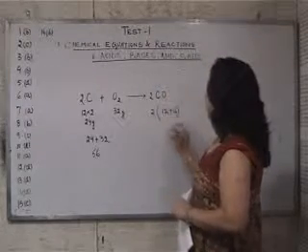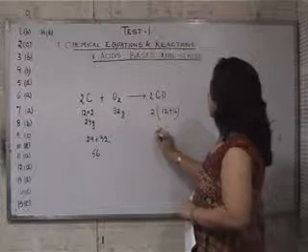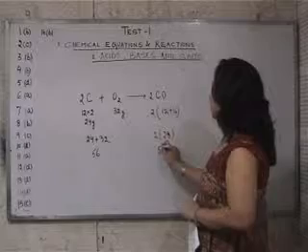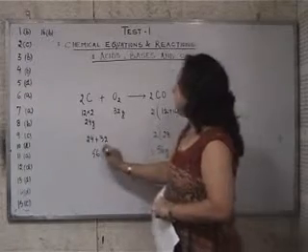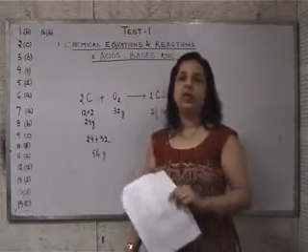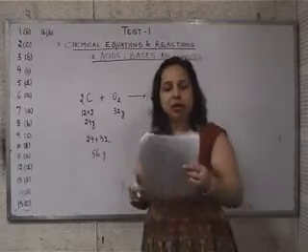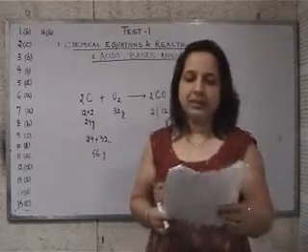On adding this, again it is 56. Both the sides are having equal weight, the reactions are balanced. So actually we are not balancing the elements. Basically we are balancing the weight. So it is law of conservation of mass.